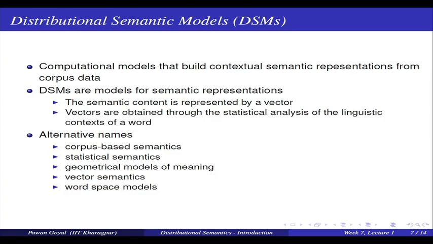There are some alternative names for this, like corpus based semantics, statistical semantics, geometrical model of meanings, vector semantics, and word space models. There might be some other prevalent names also, but they capture the same idea: can I use the distribution of the words to find out the meaning, or at least capture which pair of words are more similar than another pair of words.